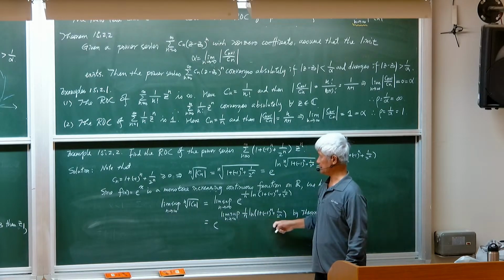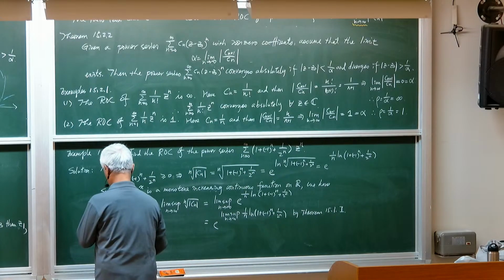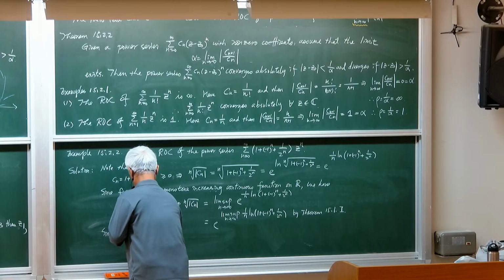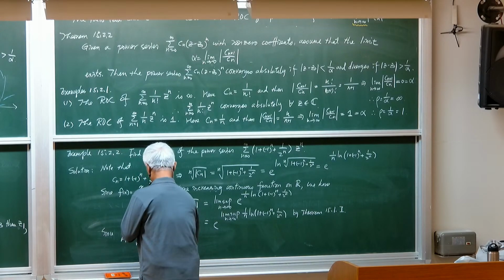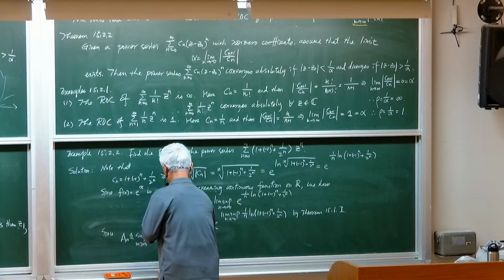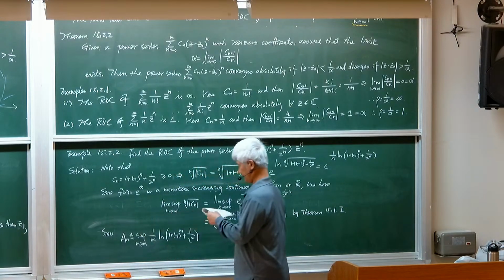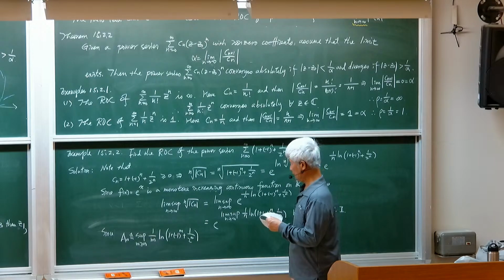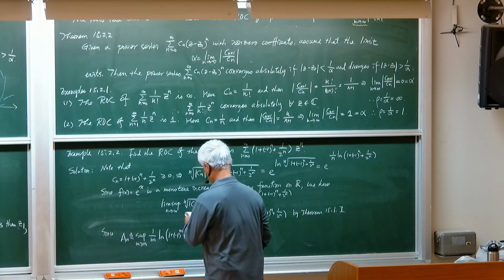Since an, as we know, is defined to be the sup over m greater than or equal to n of 1 over m times the natural logarithm of 1 plus (minus 1) to the m's power plus 2 to the m's power here.